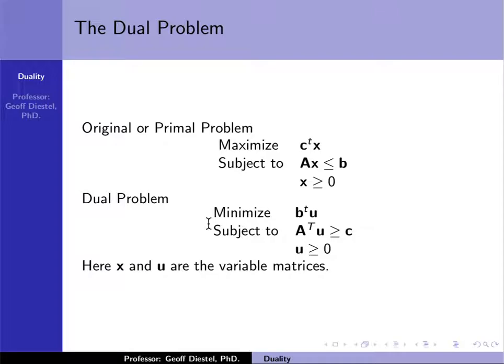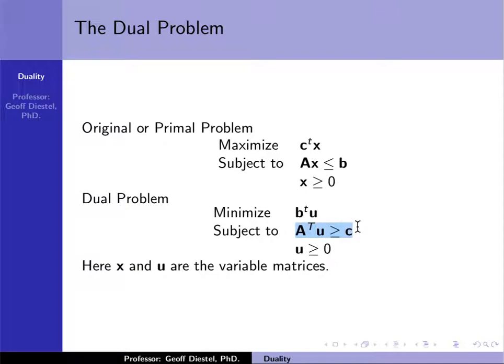We're calling them U. And what we're doing is we're replacing the roles of our C and B in our original problem. So B now becomes the coefficients of our new objective function, which we're trying to minimize, and C becomes the right-hand side of our constraint inequalities. So we're basically flipping things around, which is exactly what transposition does.